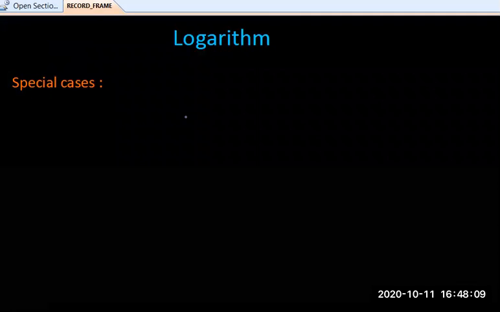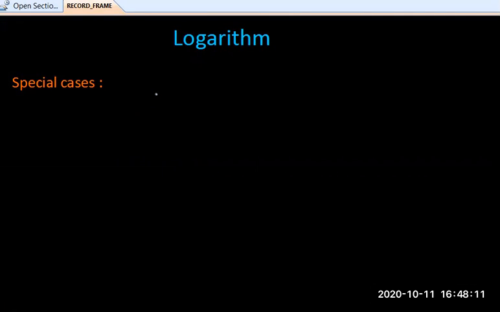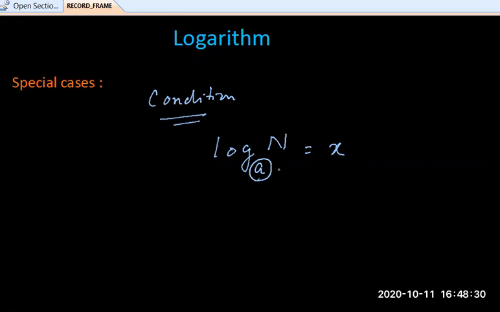So what is the condition? Suppose we take the logarithm of n base a equal to x. In this case, the value of a is never equal to 1, because for 1 it is not satisfied.